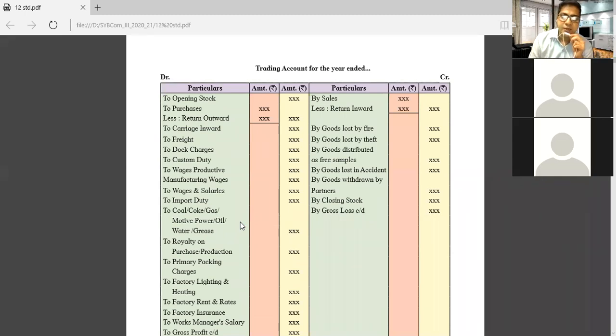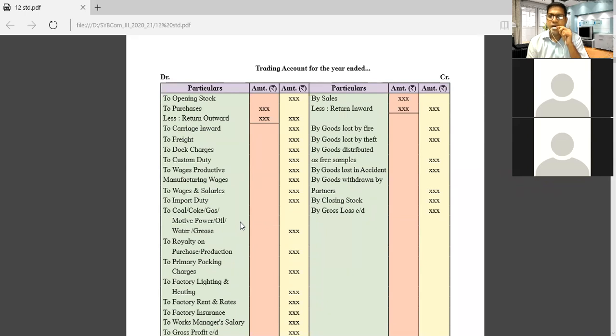Then on the credit side, sales. From this sales we deduct return inward or sales return, and we record some items that do not belong to the trading account: goods lost by fire, goods lost by theft, goods distributed as free samples, goods lost in accident, goods withdrawn by partner, closing stock.